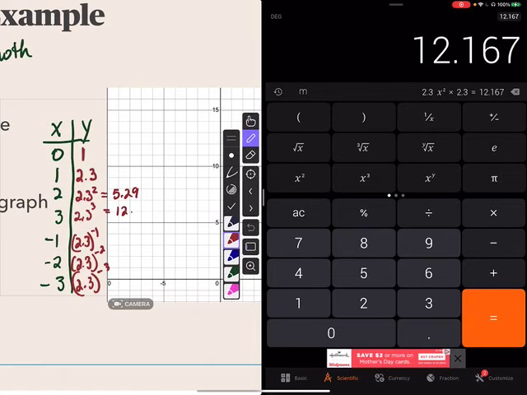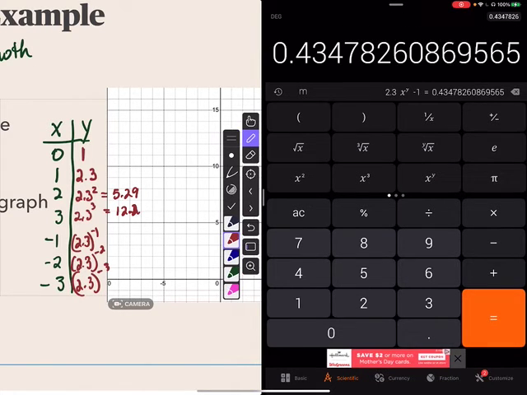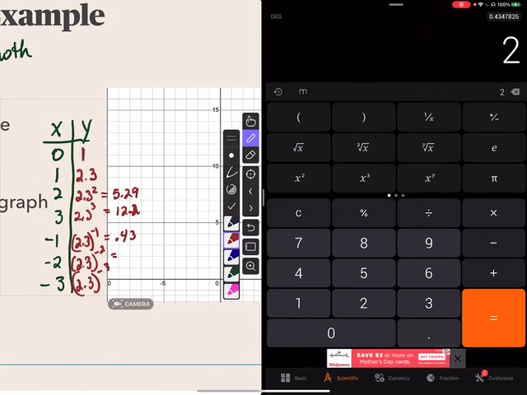And that is 12.1, well, we'll just go up 12.2. Then I'm going to clear this. We got to do 2.3 to the negative 1. And that gives me 0.43. So about a half.